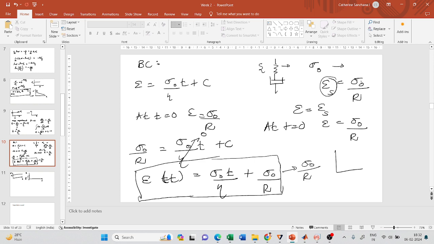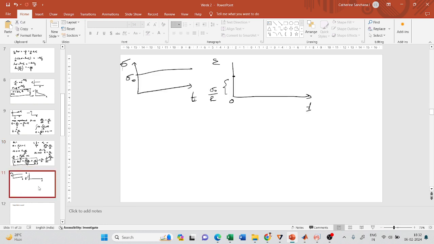The intercept is the y value at t equals 0, and after that the strain increases with a slope of sigma naught divided by eta.